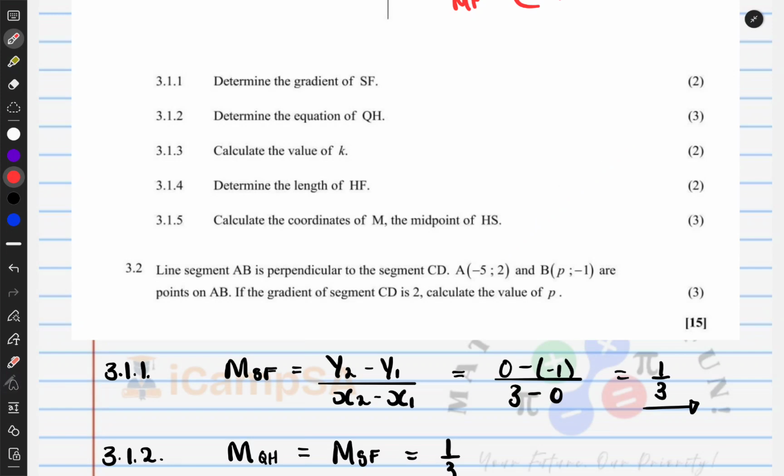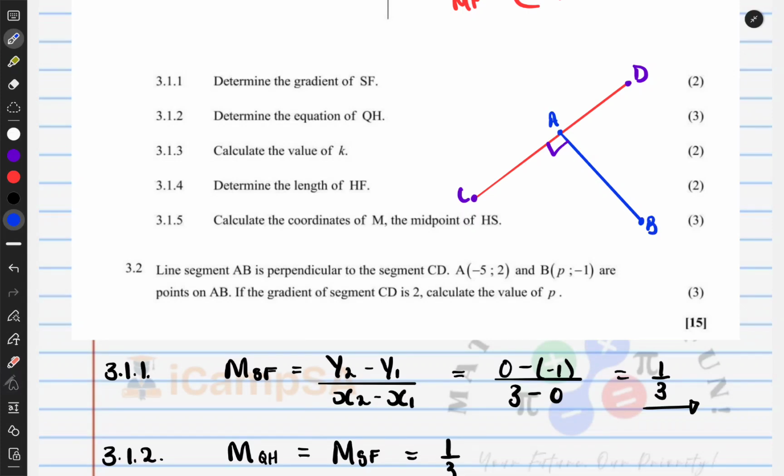With red, we are sketching what we are being told. This is segment CD, and then we have the line AB, which is perpendicular to segment CD. Remember that the product of the gradients of perpendicular lines is equal to -1.